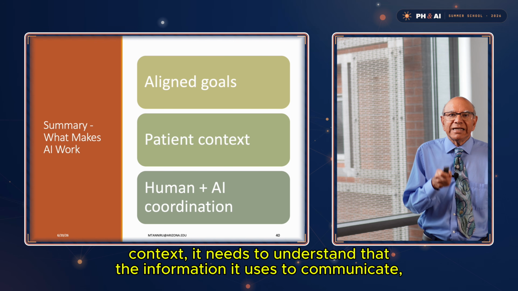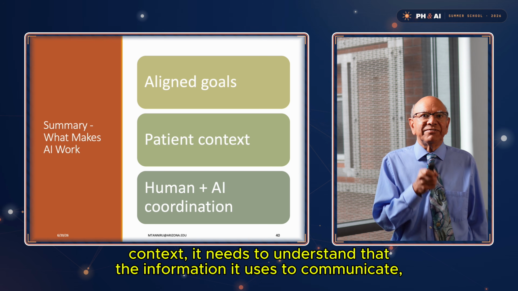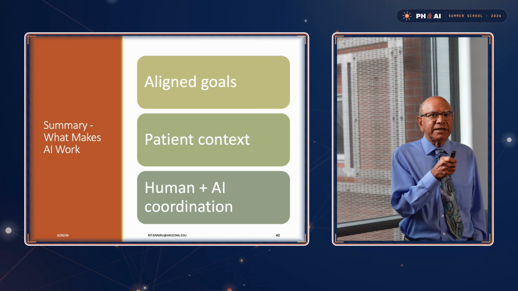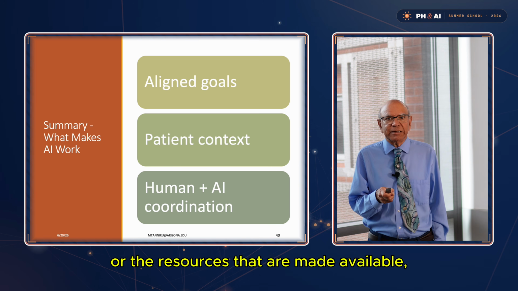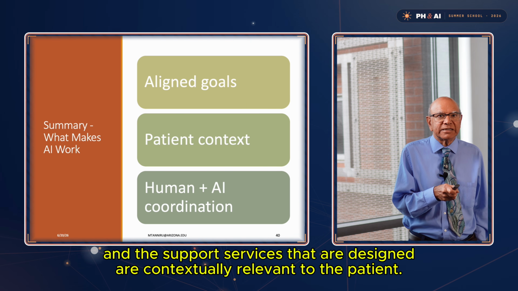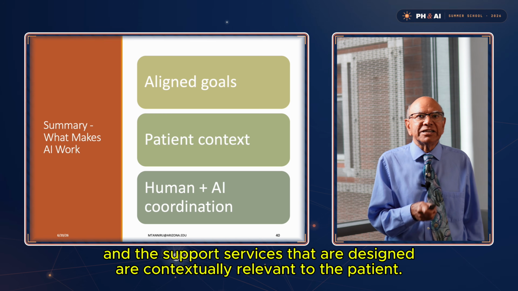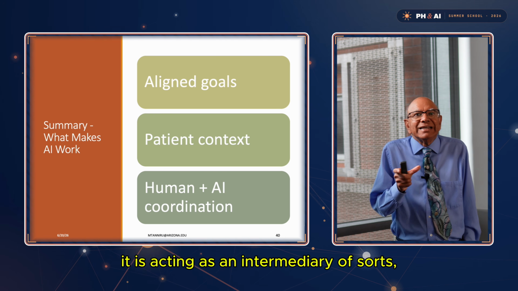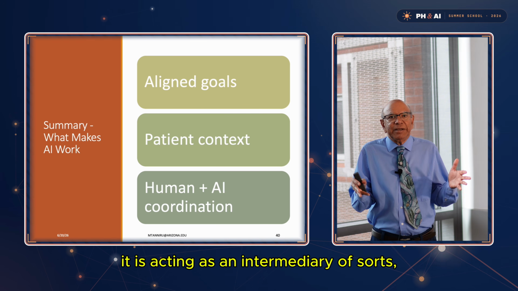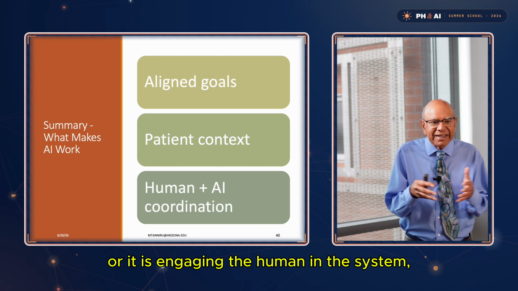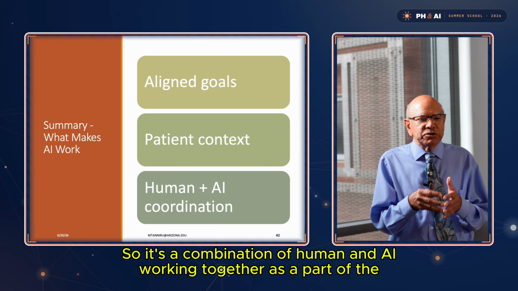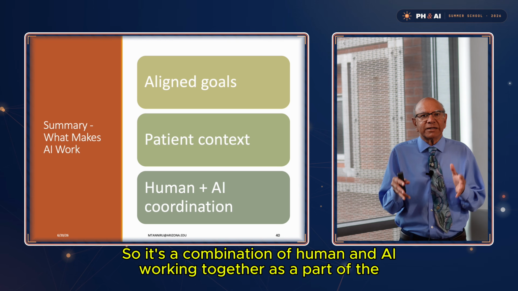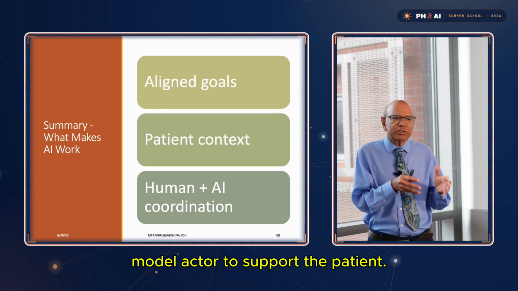Then patient context: it needs to understand that the information it uses to communicate, the recommendations made, the resources made available, and the support services designed are contextually relevant to the patient. And more importantly, it is acting as an intermediary of sorts, engaging the human in the system. So it's a combination of human and AI working together as part of the community model actor to support the patient.